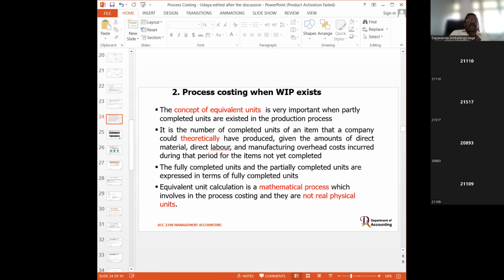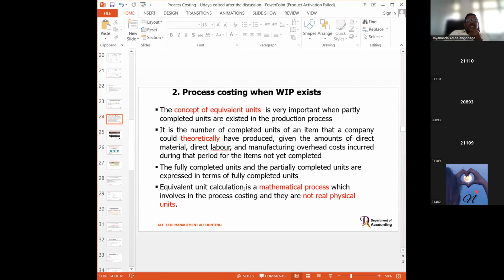It is the number of completed units of an item that a company could theoretically have produced, given the amount of direct material, labor and manufacturing overhead costs incurred during the period for the items not yet completed. Fully completed units and partially completed units are expressed in terms of fully completed units.